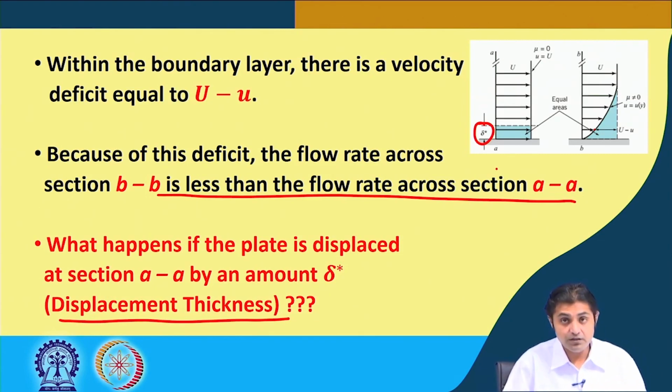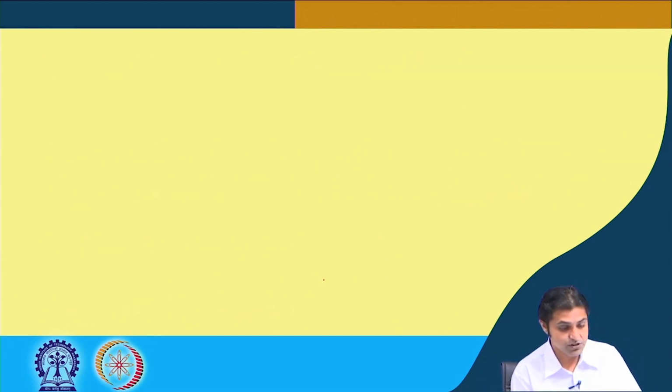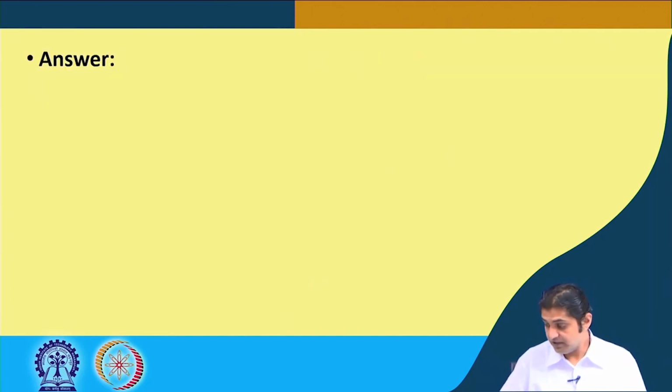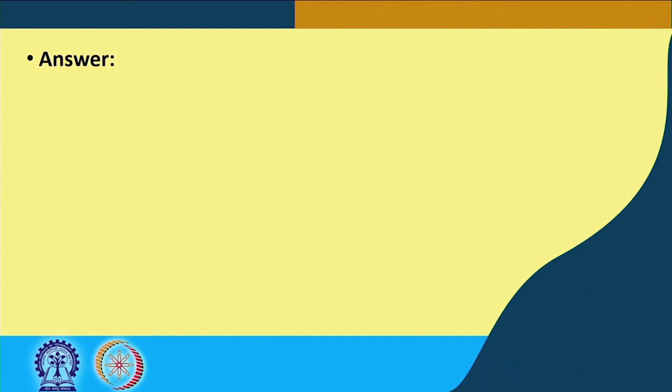So, the question at which we are going to end this lecture today is, what happens if the plate is displaced at section AA by an amount delta dash? This is enough for today, and we are going to start the next lecture by answering this question. Thank you so much, see you in the next lecture.